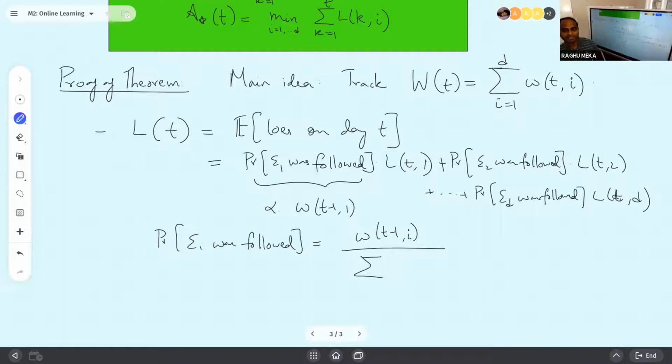Right? So if I tell you that I want the first person to be picked with probability proportional to half, and the second person to be picked with probability proportional to 1, that means those are the relative odds, right? So you have to add up all these numbers to get something which is really a probability distribution. Okay, but this is exactly just the way we define the weight.